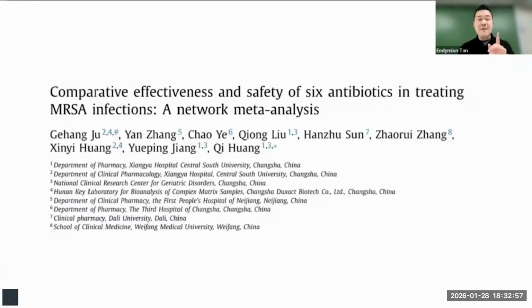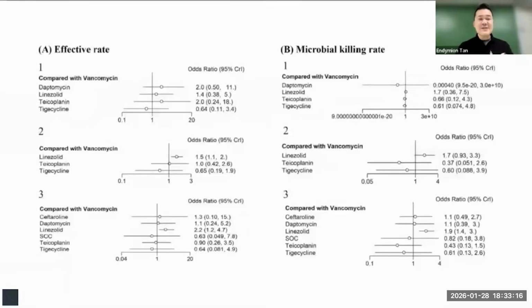In this study, they made use of 6 antibiotics. Of course, vancomycin is there, and they want to compare these other 5 antibiotics to vancomycin. So they made use of linezolid, tigecycline, teicoplanin, daptomycin in this study. First, they studied the effective rate.